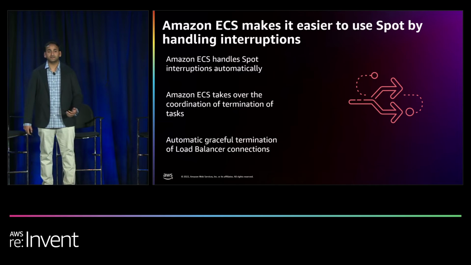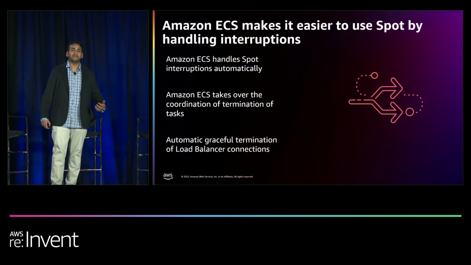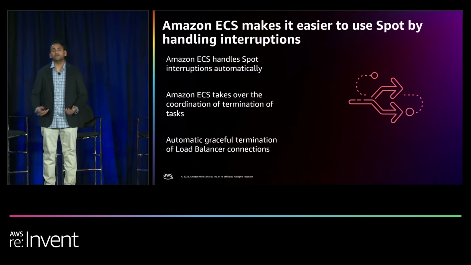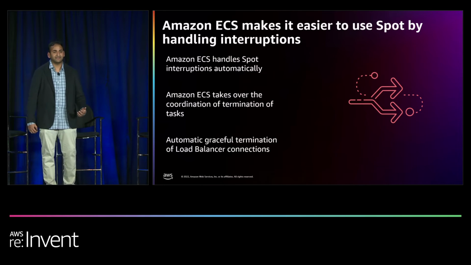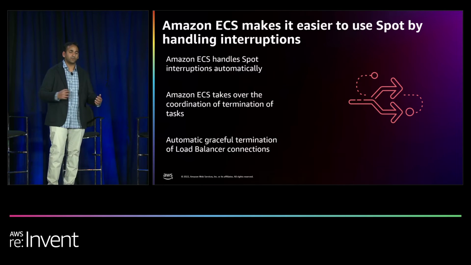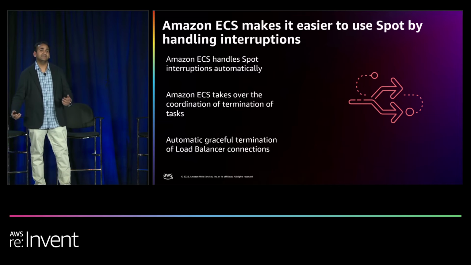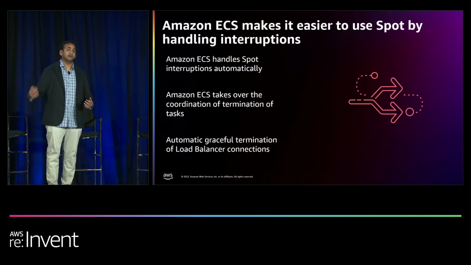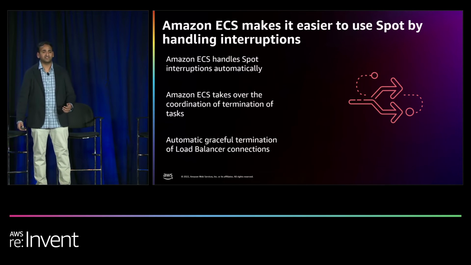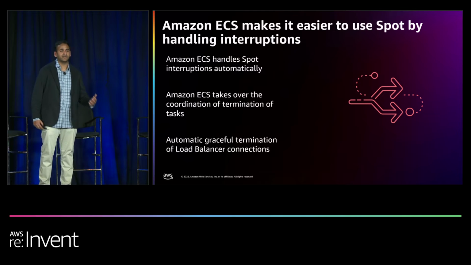ECS makes it easier to run Spot by handling interruptions automatically. So when you run a long-running application on ECS and a Spot termination notice comes in, ECS automatically reads that interruption notice and gracefully drains any connections to any load-balanced applications that might still be receiving connections.